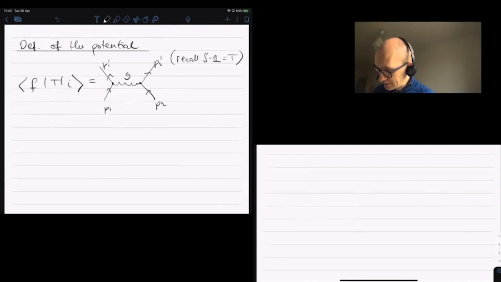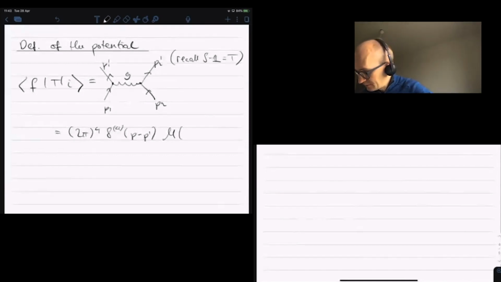At the level of formal definitions, this is equal to the momentum conserving delta function, where P is of course P1 plus P2, P primed is P1 prime plus P2 primed, times some matrix element M. Let's say we give this an exchange momentum Q. And this is the matrix element which we will calculate in our EFT.